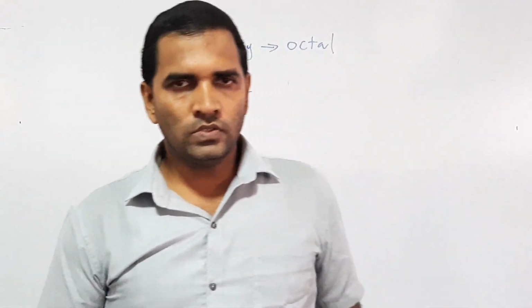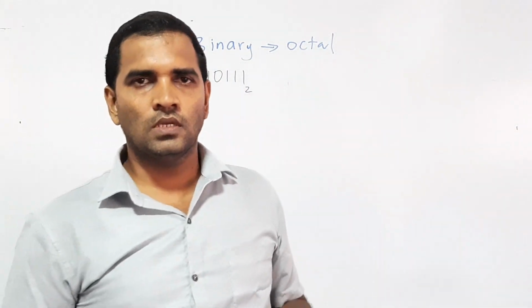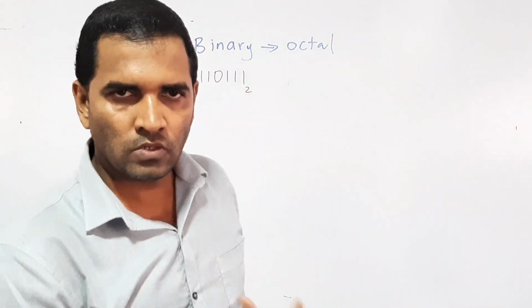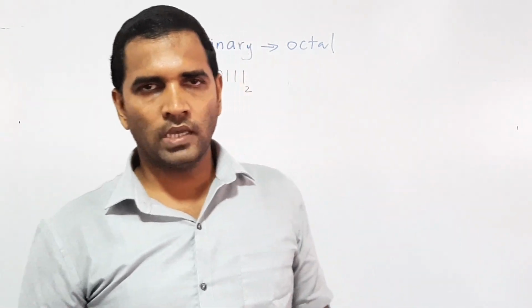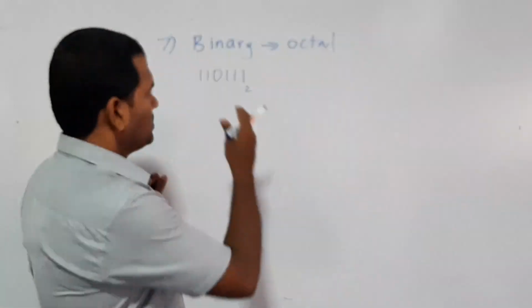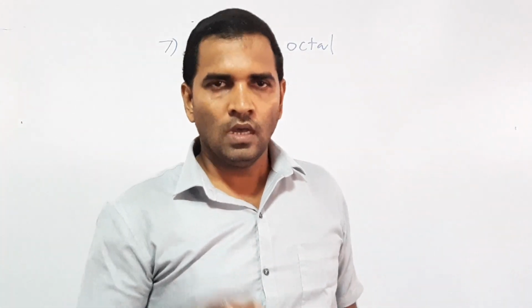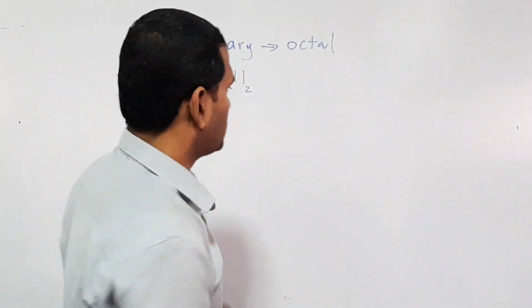So the first step, what I'm going to do is form groups of 3 bits starting from the right side. So I have to divide these 6 binary digits into multiple groups. Make sure every group has 3 bits. But that grouping must be started from the right side. I'll tell you the reason for making groups and having 3 bits in each group later after writing that.